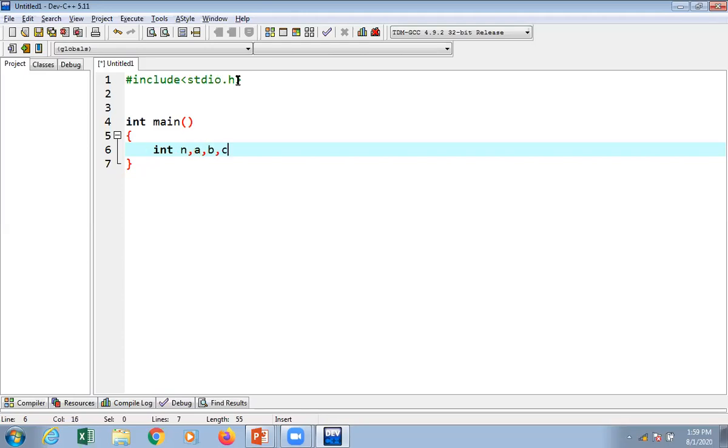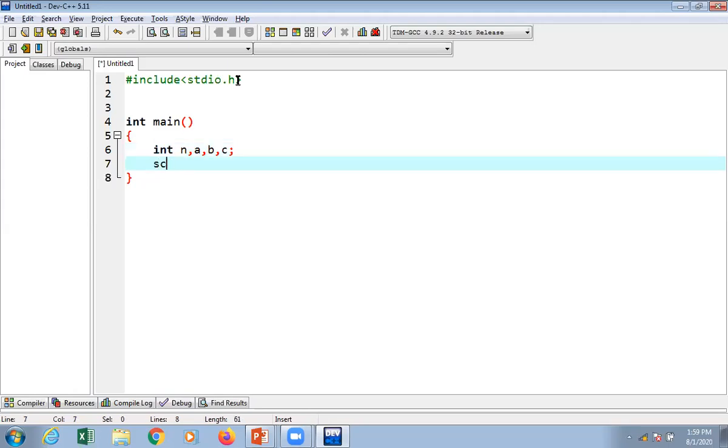Suppose n is here the nth term that we want to find out, and a, b, c are the first three terms, and so we'll be taking this as the input.